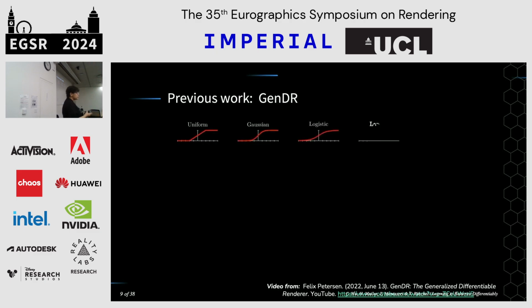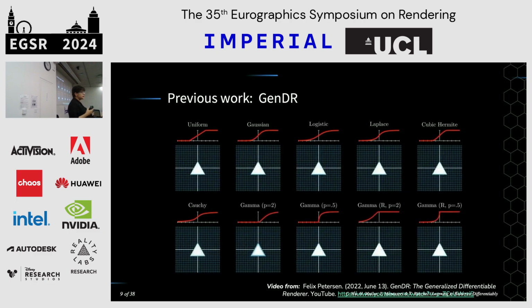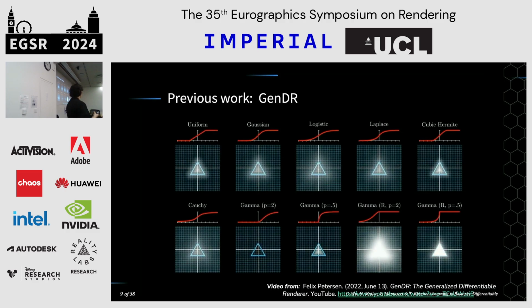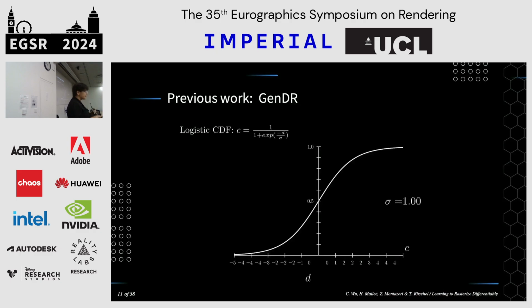In previous work, GenDR, they analyzed various distributions with different CDFs. And for each CDF, they grid searched the optimal value of softness. For example, in the logistic distribution, the change of the sigma variable defines the shape of our CDF.